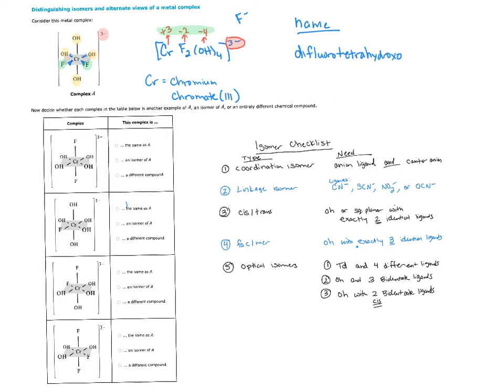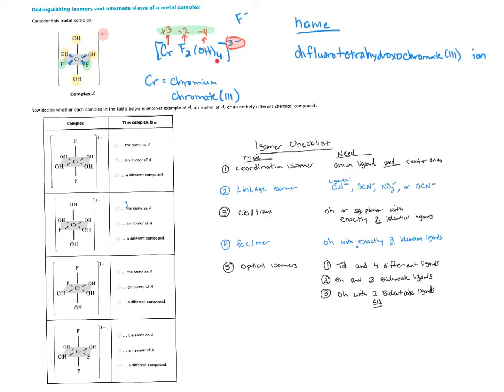So the name: difluorotetrahydroxochromate 3. There are no counter ions in this example, so we would just add the word ion. Review of the name. Okay, back to the workshop.